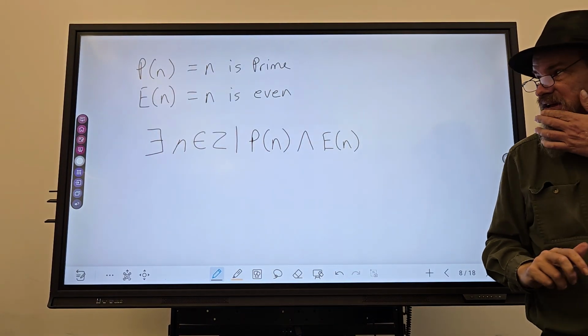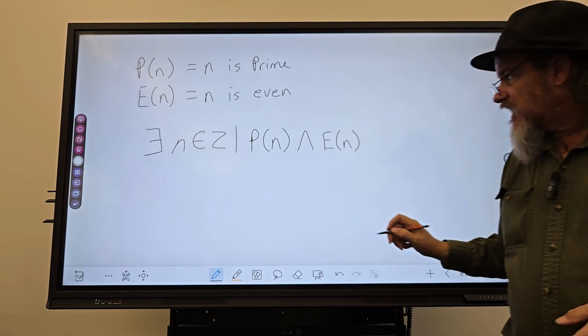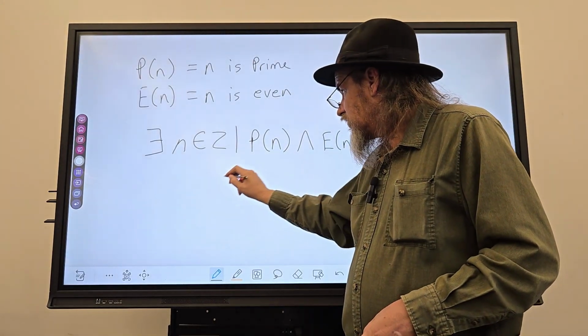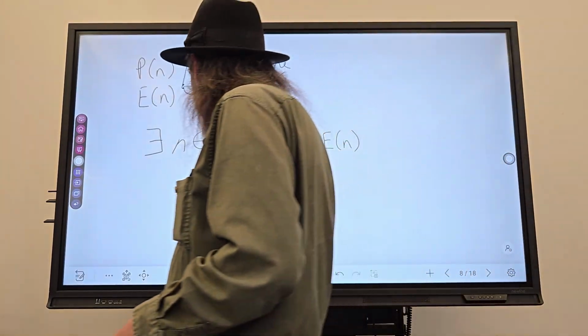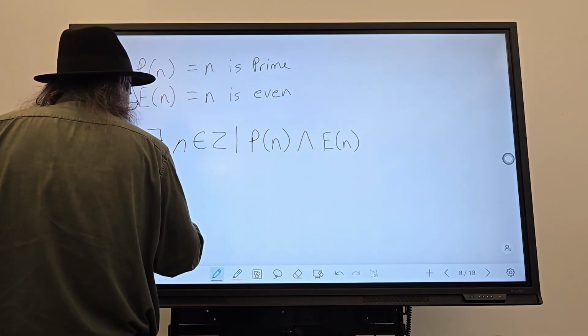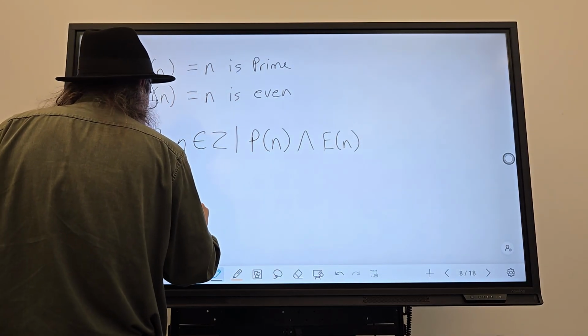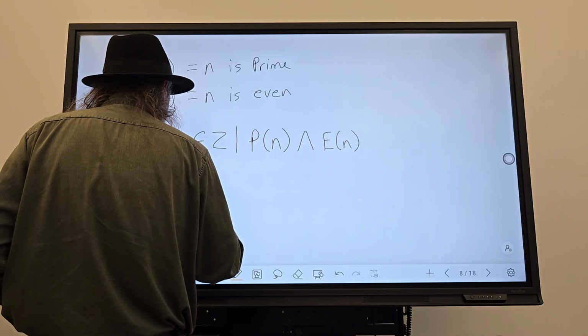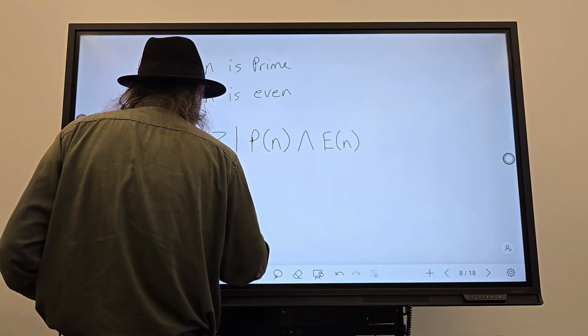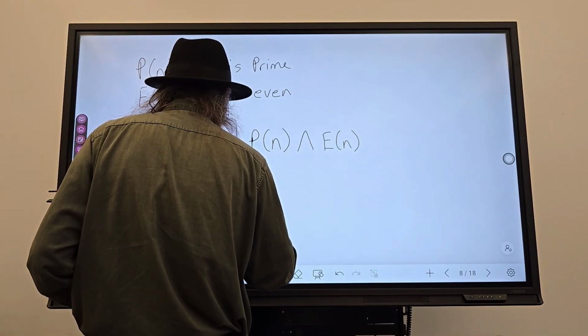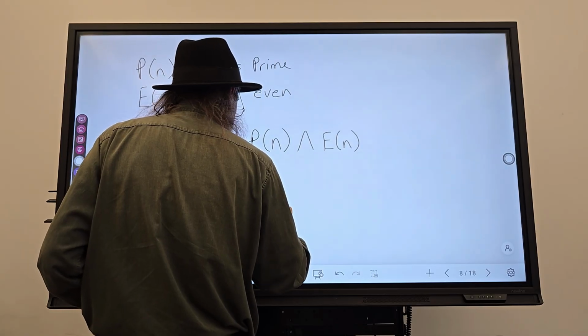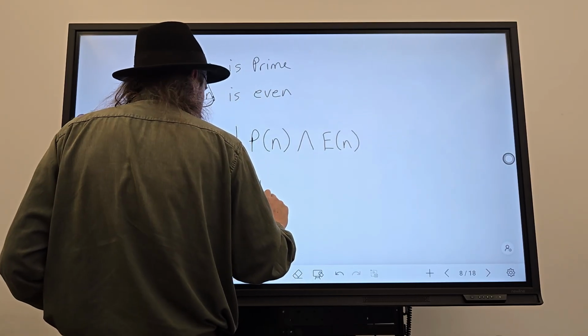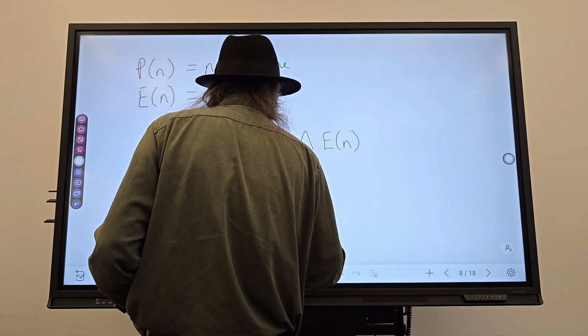Well, you can make the truth set of this into the domain. So there exists an n element of primes such that E of n.